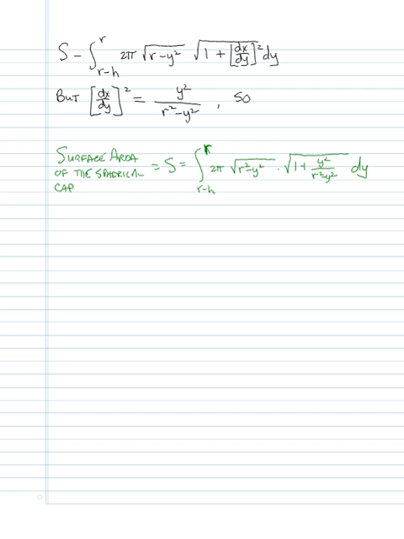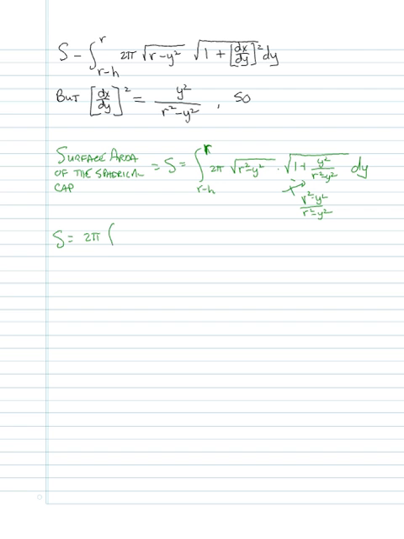Now, under this radical, I'm going to write 1 as r squared minus y squared over r squared minus y squared. And when we add the two fractions together, you see that the y squareds go out. So this integral, by the way, let's factor the 2 pi out.